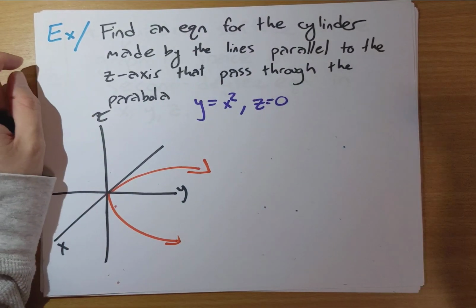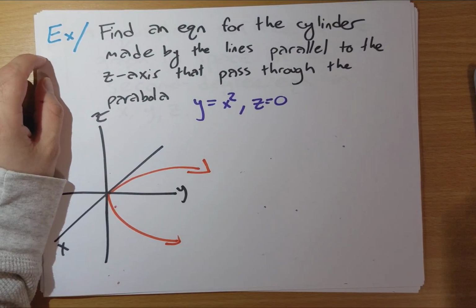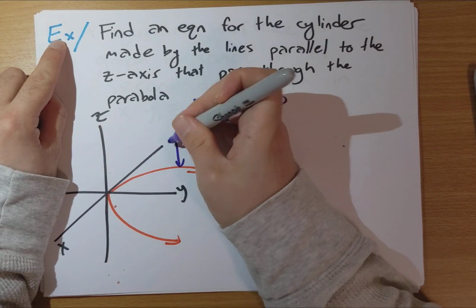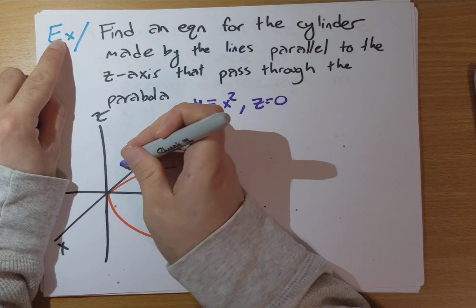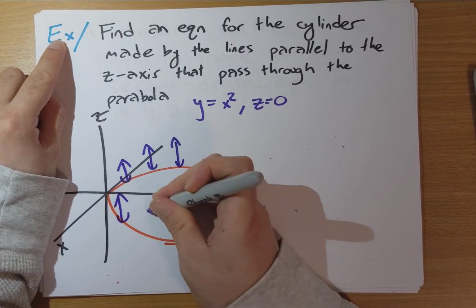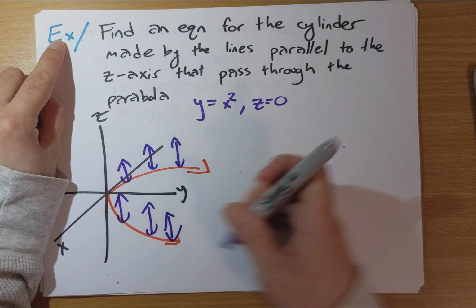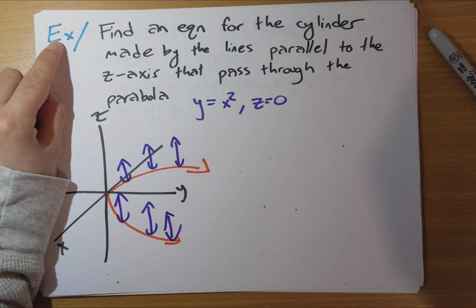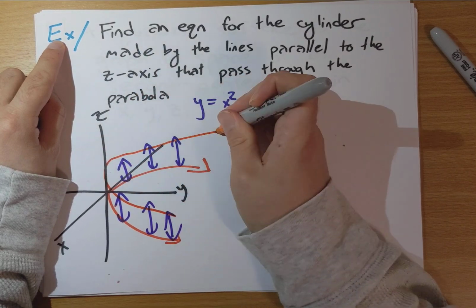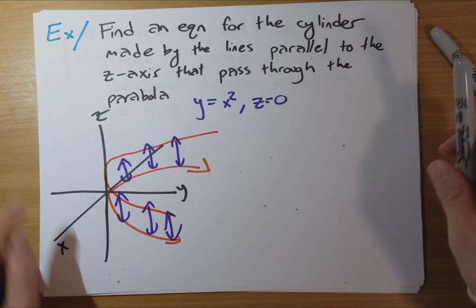There are two different ways to do it. We can think about just starting to draw lots of these lines going like this. Or we can think about taking this parabola and translating it up and down.